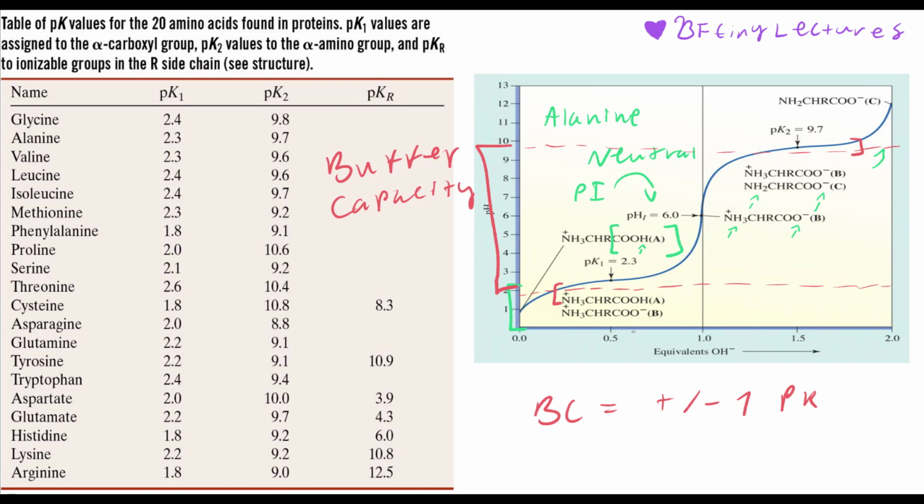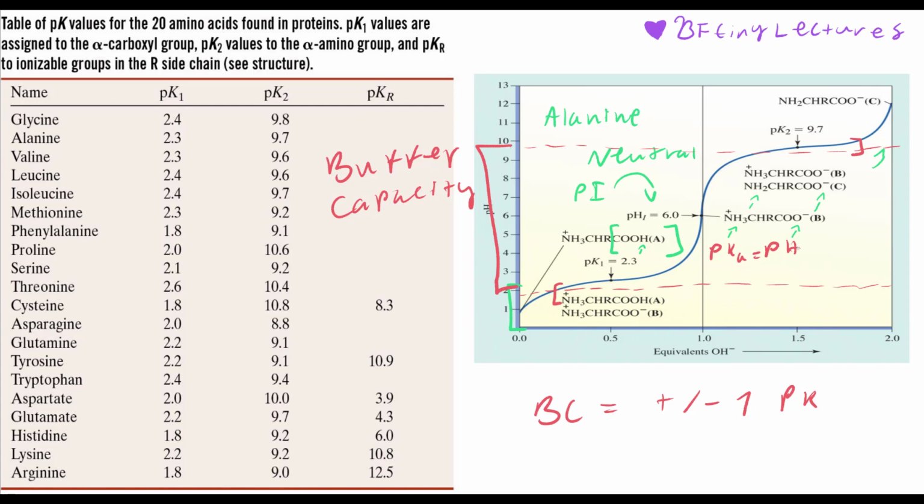Oh, and remember something else, that at the inflection point, or at the isoelectric point right here, so in this example for alanine, pH 6, right? The pKa is going to be equal to the pH. So whenever alanine is at the pH of 6, you can always say, hey, since the alanine is neutral, it has a pH of 6, that must mean that the pKa is also 6, okay?